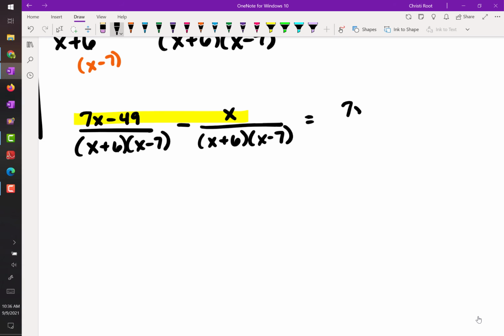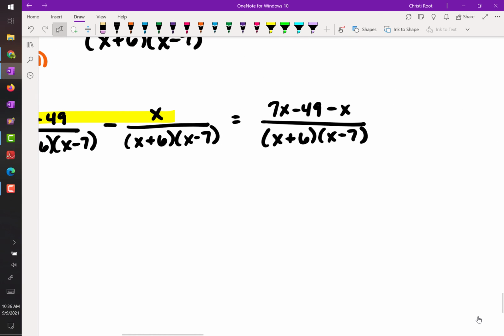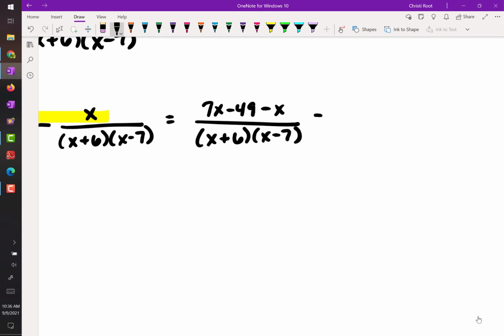So I have 7x minus 49 minus x, and then keep your denominator. And then add like terms. So you have 7x minus x is 6x minus 49. And then I have x plus 6, and then I have x minus 7.